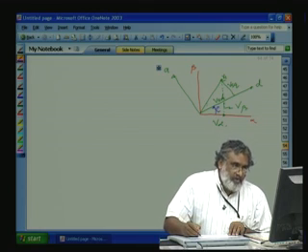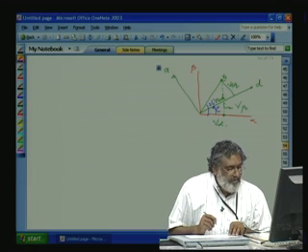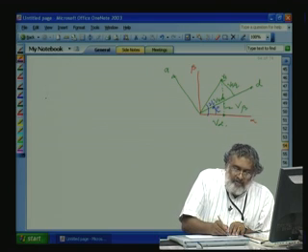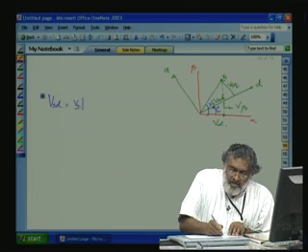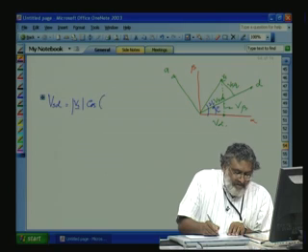This is gamma 1. So what is VSD? If we know the alpha beta component, how do you find out VSD and VSQ? VSD is equal to Vs mod cos of gamma 1 minus rho.